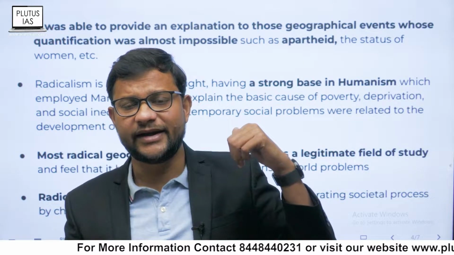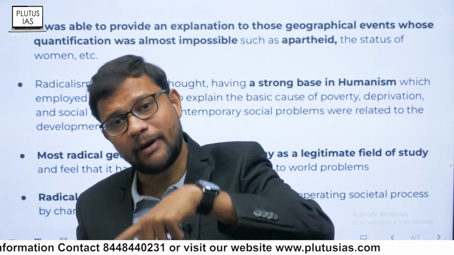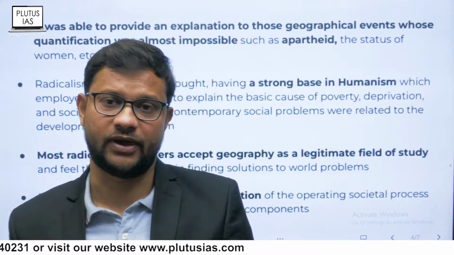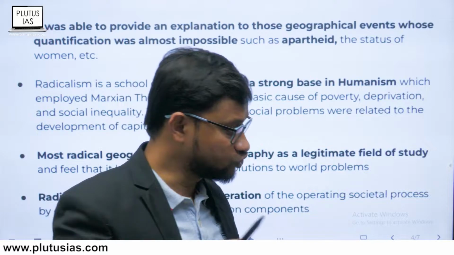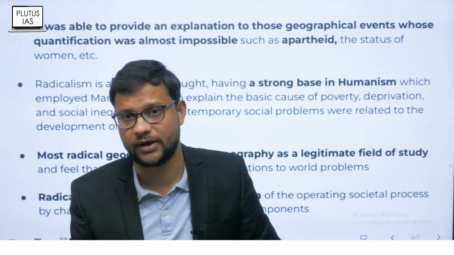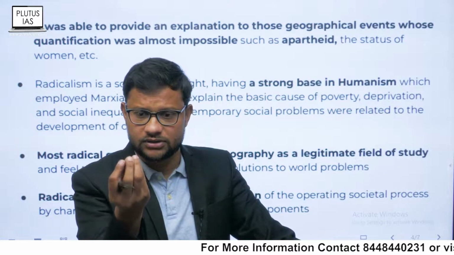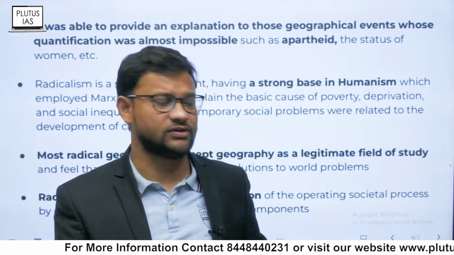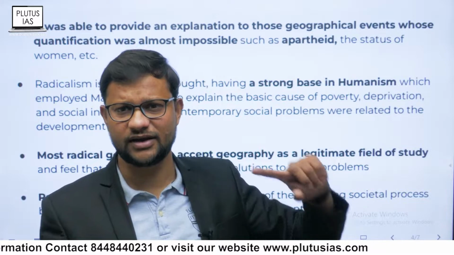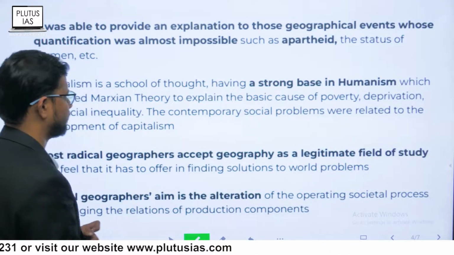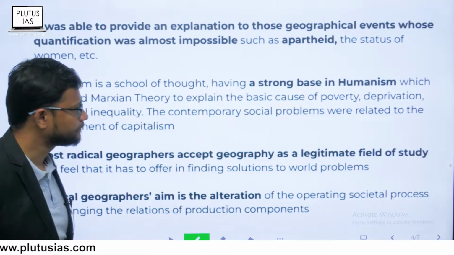And radical geography is influenced by the communist and socialist philosophy, the Marxist philosophy, Marxism. So the issue with radical geography is that it is against these particular societal tendencies.